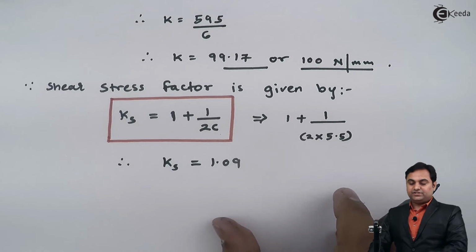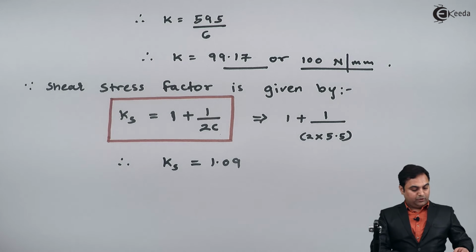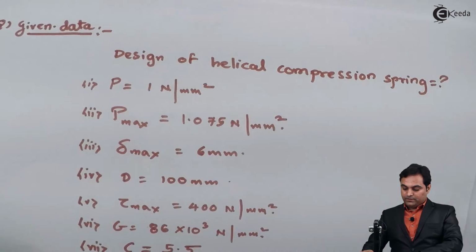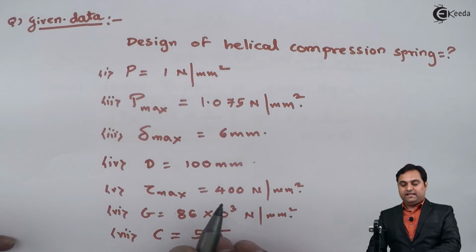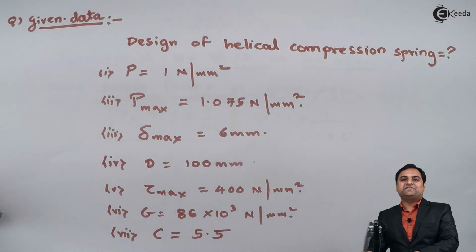Now after getting the shear stress factor, if I look into the problem, then shear stress is given, and this shear stress is maximum, or we can say resultant shear stress.